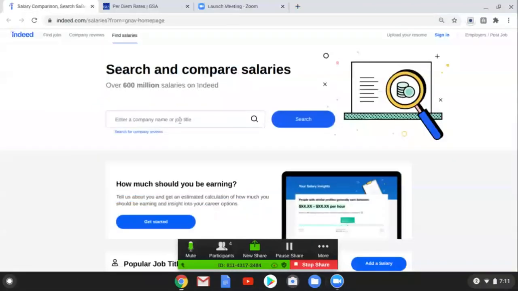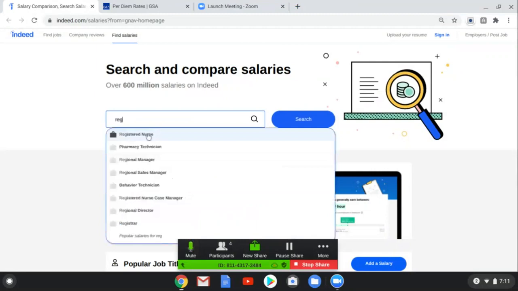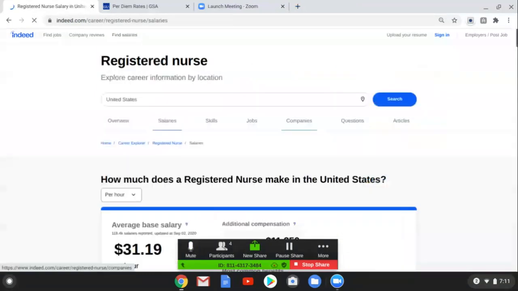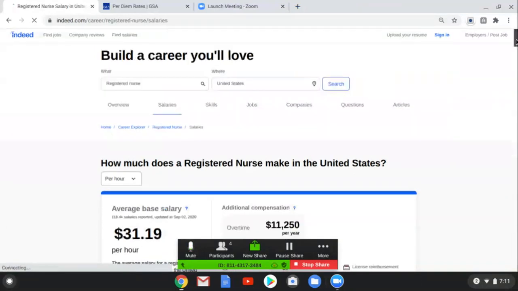And we're going to take a quick look at Indeed. These are all tools you can use to research your bill rates. As I mentioned before, both PayScale and Indeed actually pull it from when employers post.